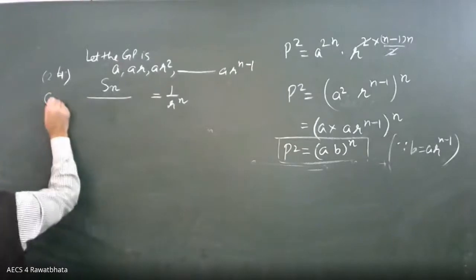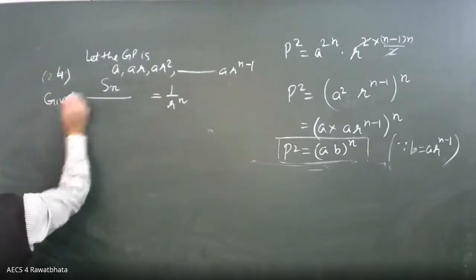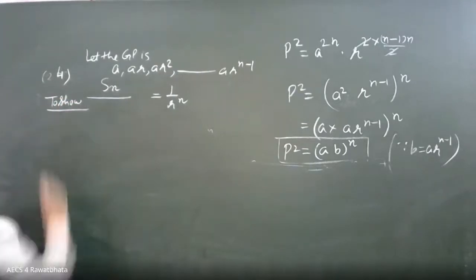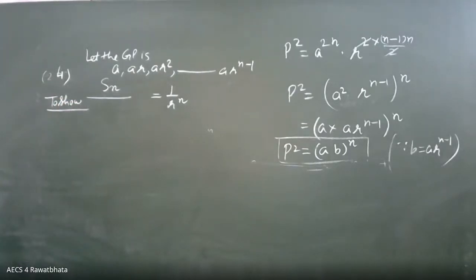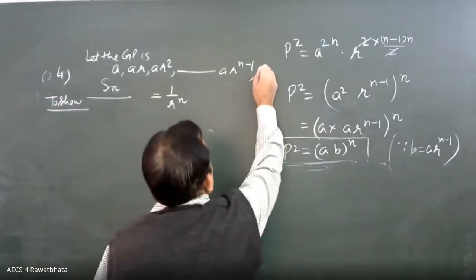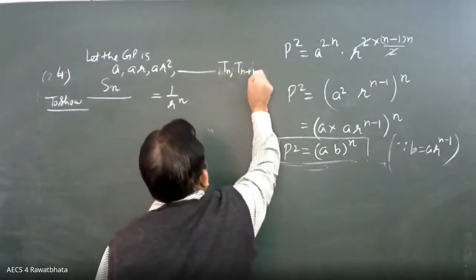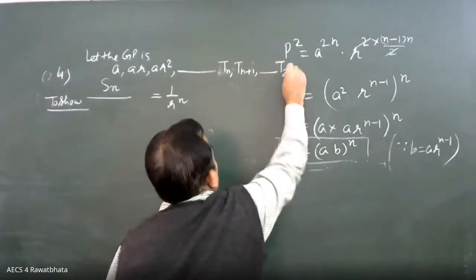What to show? The ratio of the sum of the first n terms to the sum of the n plus 1th term to 2nth term. So this is term n, then term n plus 1, then up to 2n terms we have to go.